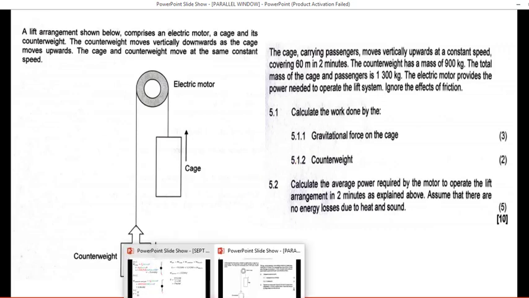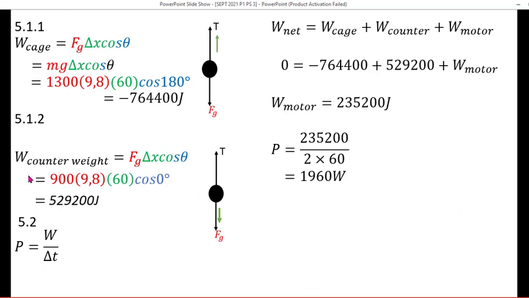And then we substitute 900 kilograms as the mass, which is m, and then 9.8 is the acceleration due to gravity, and then we get the weight, which is the red arrow. Then it also moves downward. Remember, it is moving at constant velocity, so the displacement for the two, the cage and the counterweight, will be the same, but in different directions.